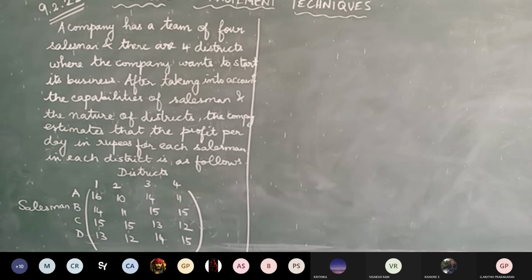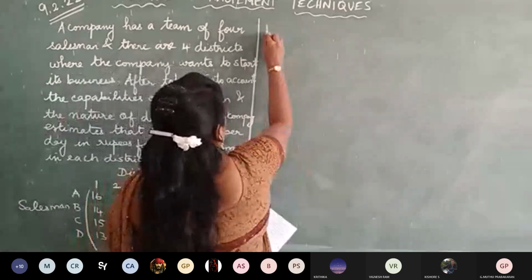So this is the question. Find the assignment of salesmen to various districts which will yield maximum profit. So that is the question.